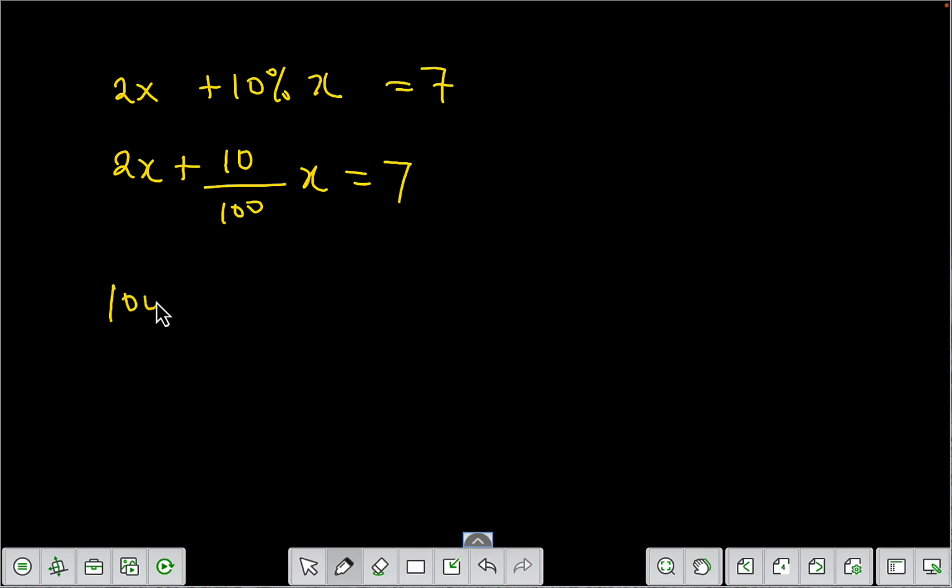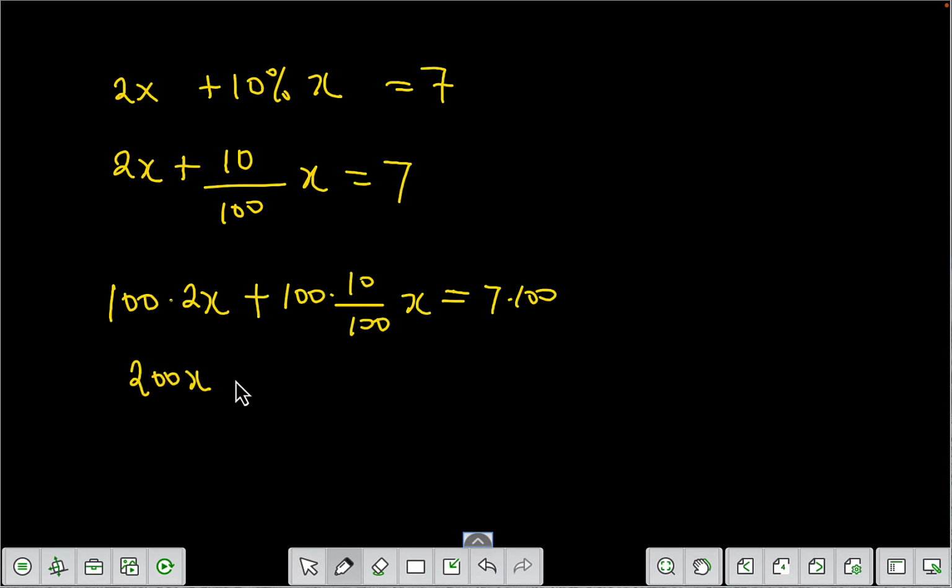So we use the multiplication property of equality. Multiply each term by 100. 100 times 2x will give you 200x plus 100 cancels 100, that will give me 10x, and this is 700, right?